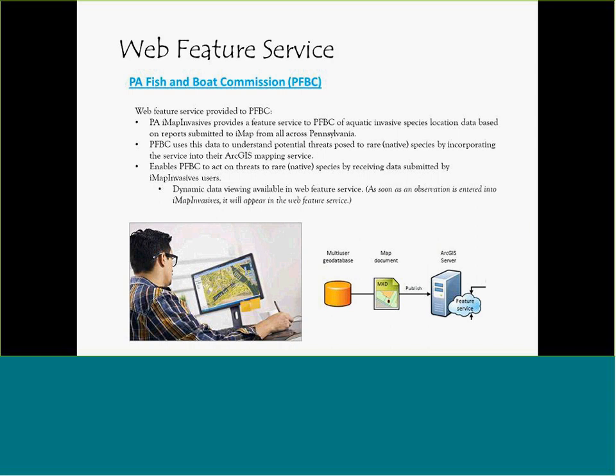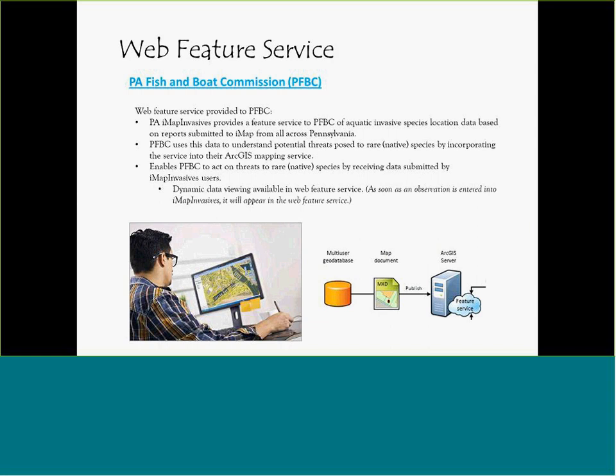Fish and Boat is going to use this data to better understand potential threats being posed to rare native species by integrating the iMapInvasives data into their ArcGIS mapping service. This will enable them to act on these threats by using the data that's being submitted.